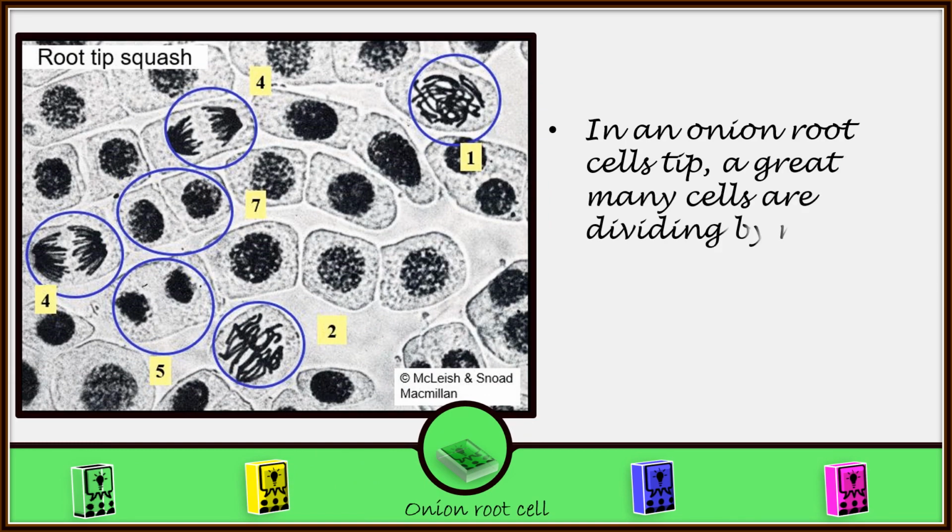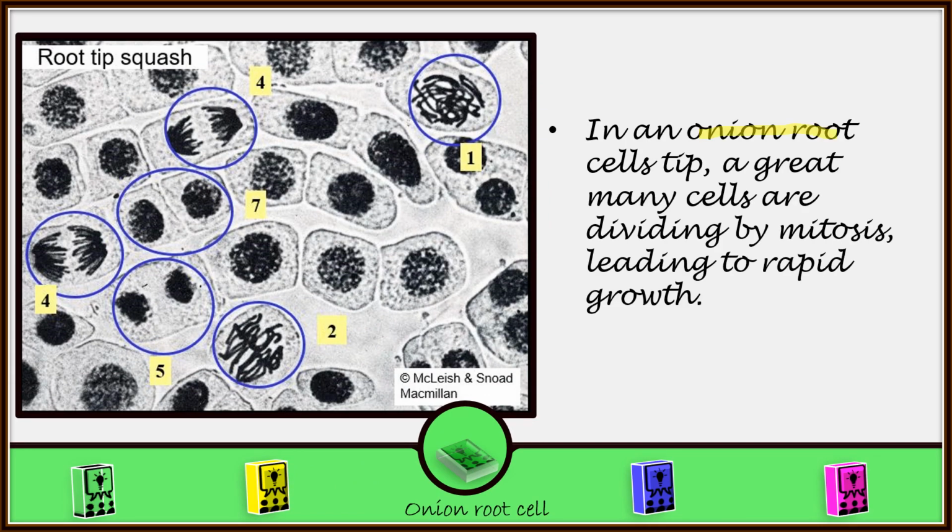In an onion root tip, a great many cells are dividing by mitosis, leading to rapid growth. These are cells from an onion root tip, and they show different stages of development of different cells.